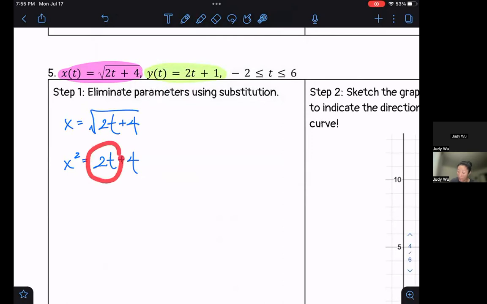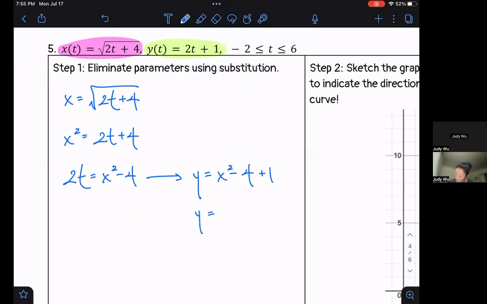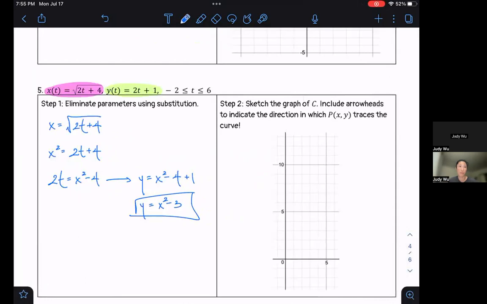And if I get 2t all by itself, I can plug that into the green equation everywhere I see a 2t, okay? So 2t equals x squared minus 4. That means in the y equation, instead of 2t plus 1, I can write x squared minus 4 plus 1. Or really, y equals x squared minus 3, right? No more t's means that I have eliminated the parameter. Totally fine.